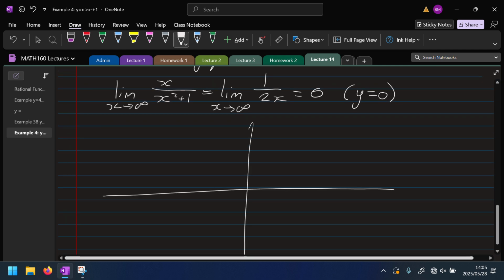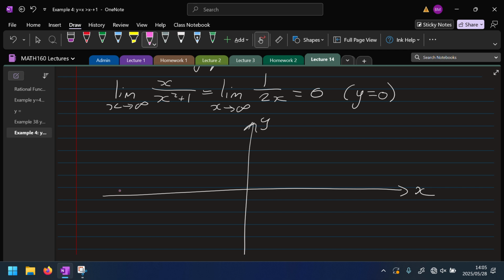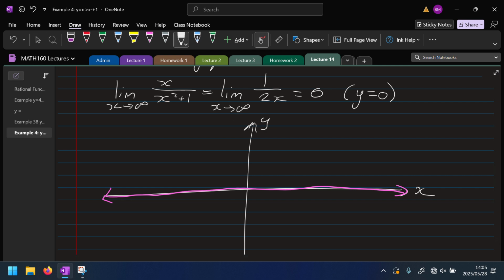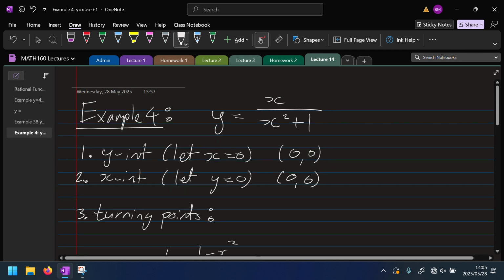Okay, sketch this. So we have x and we have y, and then remember the x-axis is also an asymptote, so let's just put a pink line to remind ourselves. Okay, we don't have much to work with. We've just got 3 points. So the first point that was right at the beginning here, 0, 0.